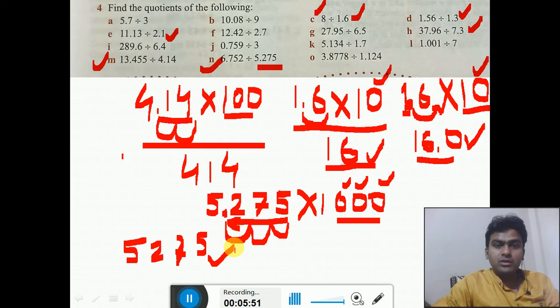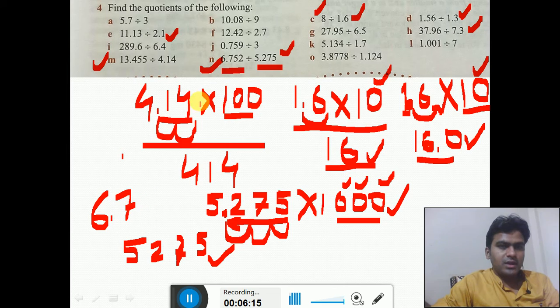Now one more thing we have to remember here: we are changing the decimal number into a whole number. So here the divisor is a decimal. If we are multiplying the divisor by 1000, we have to multiply its numerator or the dividend also by 1000.